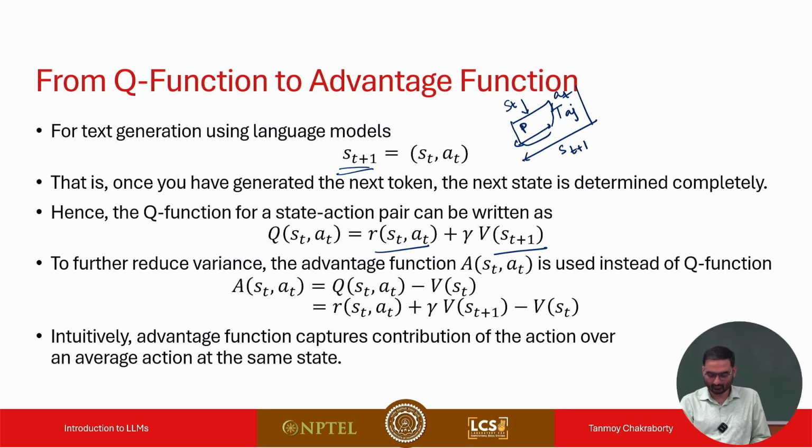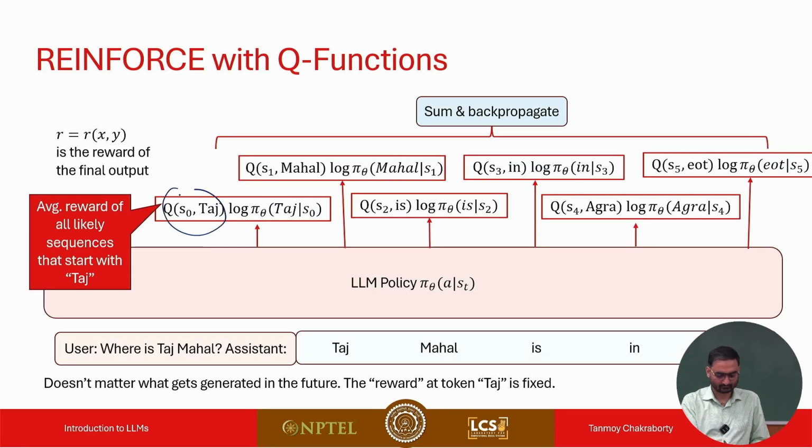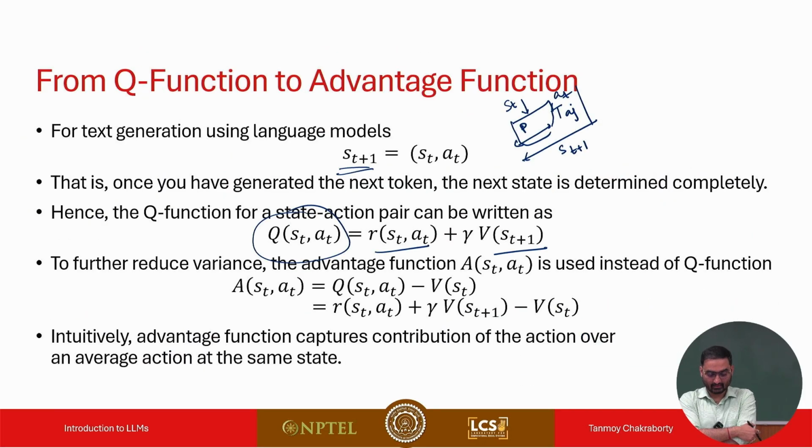So if you make some adjustment, now you can use this Q function here in the reward part. But it turned out empirically that this Q function is not enough. I need some other function which is called the advantage function. What is the advantage function?